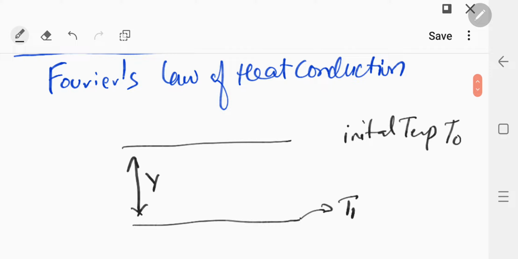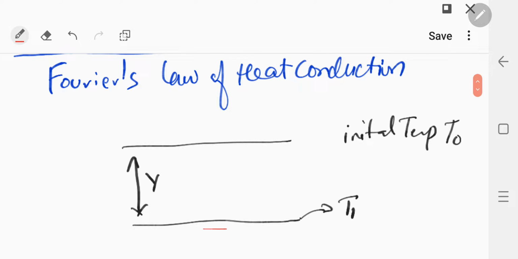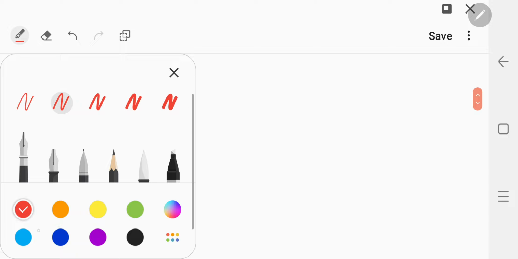Now according to the second law of thermodynamics, what will happen? There will be an energy transport from the higher temperature plate towards the lower temperature plate. And this process will continue till a steady state temperature distribution is developed.